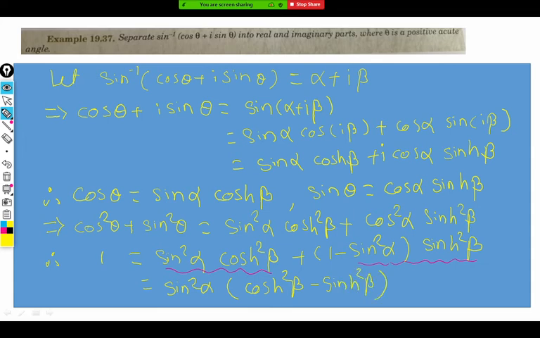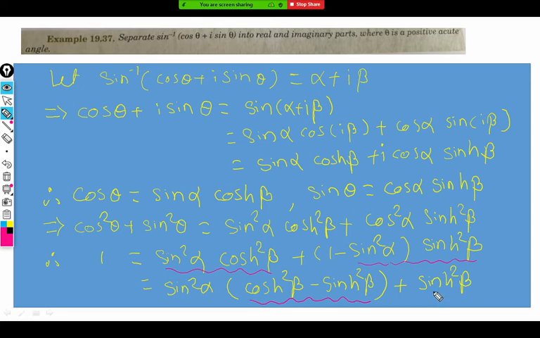This is common from the first and last term, plus sine h square beta as it is. Can anyone tell me what is the value of the bracket? It is 1. So we got 1 is equal to sine square alpha plus sine h square beta.